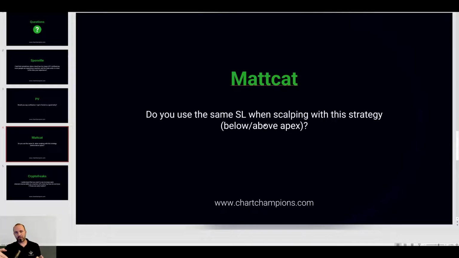If the confluence is good, the reaction is good, and the full reversal happens, you don't need too much of a stop loss. Again, this is based on the swing failure pattern. It's just a deviation from the swing failure pattern. So let's say the max I give is 0.5% from the wick to the upside or to the downside, but other than that, it's pretty much the same. Again, it really depends on the situation.